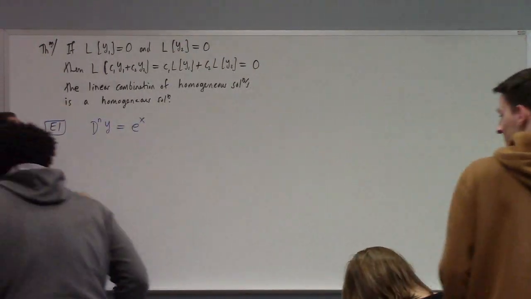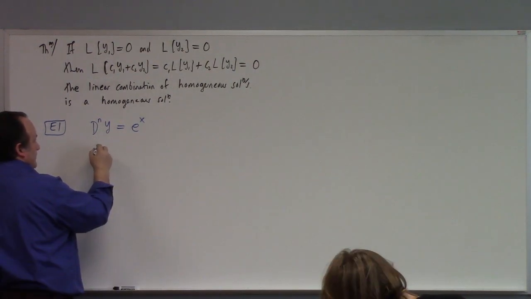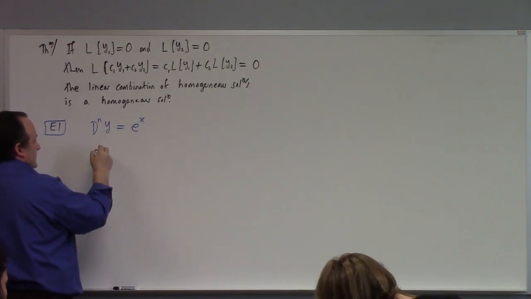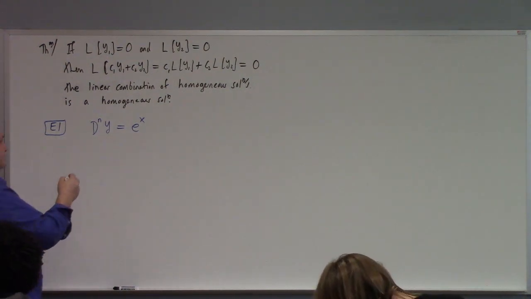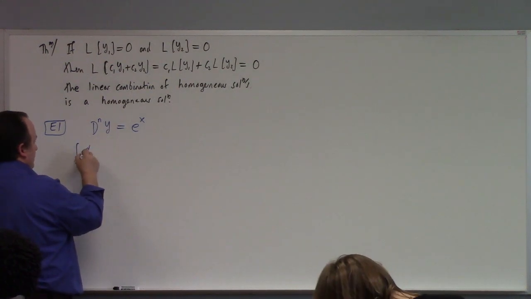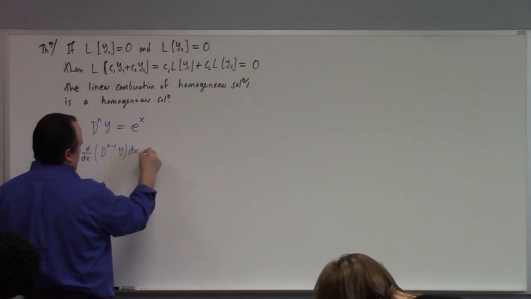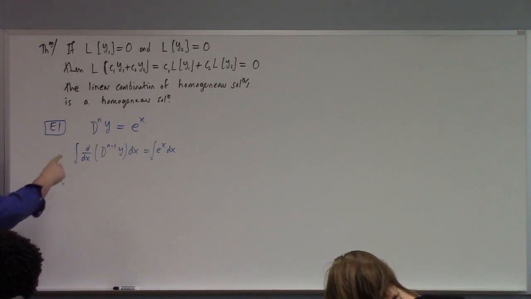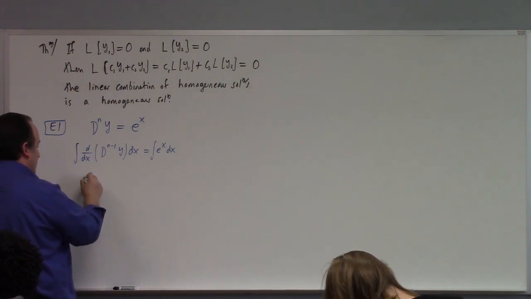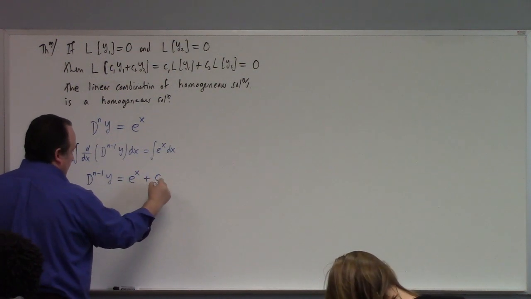If you integrate both sides, what do you get? The nth derivative is the derivative of the n minus 1th derivative, but the integral of the total derivative is the thing again. So we have the n minus 1th derivative of y is e to the x plus c1, right?